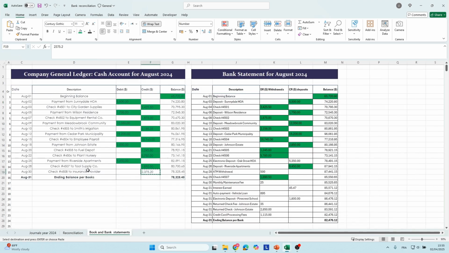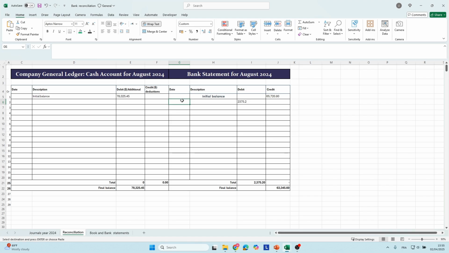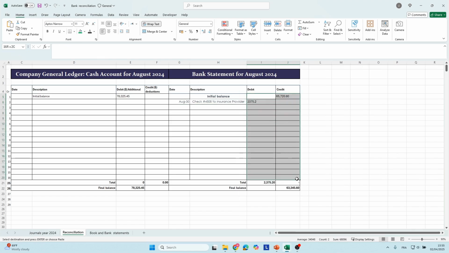And we can bring also the description and the date as well. We put the date and the description for this transaction. Then finally, our balance for the bank should be 80,100. So this is the first step, adjusting the bank statement.